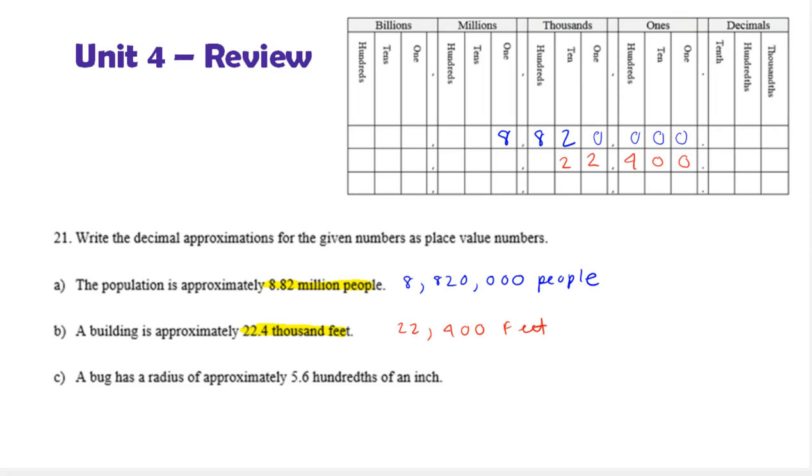Let's look at the last one. A bug has a radius of approximately 5.6 hundredths of an inch. Okay, so this is hundredths, so this is a really small number. So let's see. So we have 5, that's our whole number part, but that needs to be in the hundredths. So I'm going to find the hundredths, and I'm going to put a 5 in here.